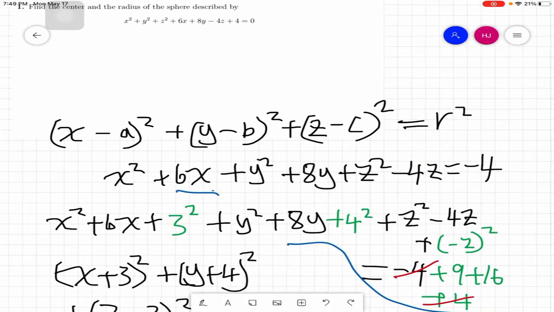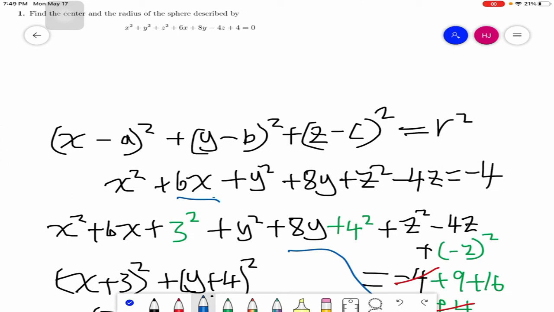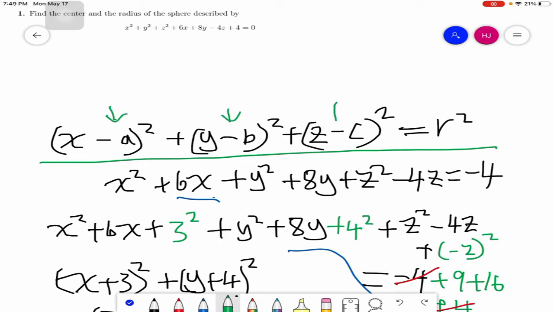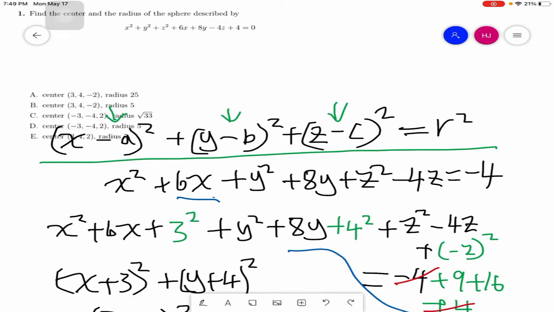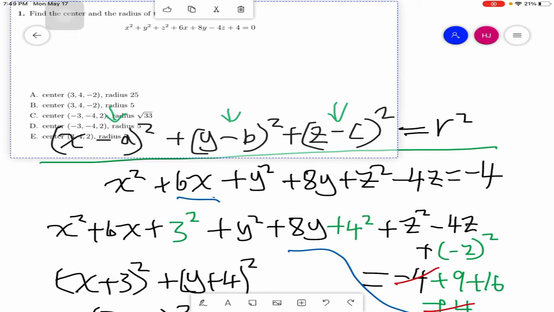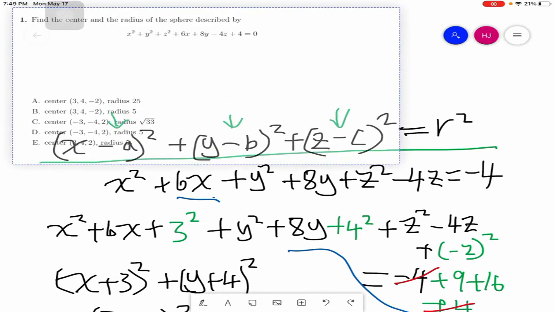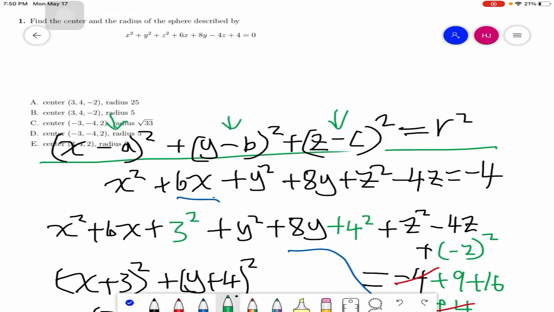Each of these parts are the coordinates for the center of the sphere, and 5 would be the radius, as we can see from the equation above here. Just a reminder that all these signs for the center will need to be minus, so that can be a tricky part.